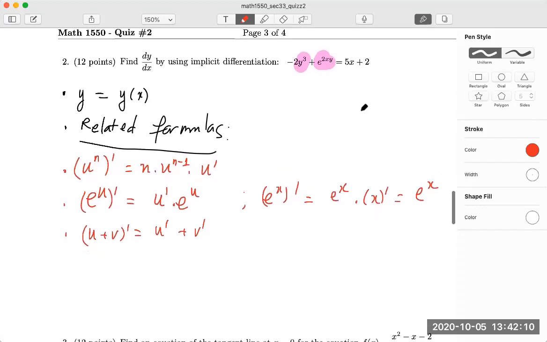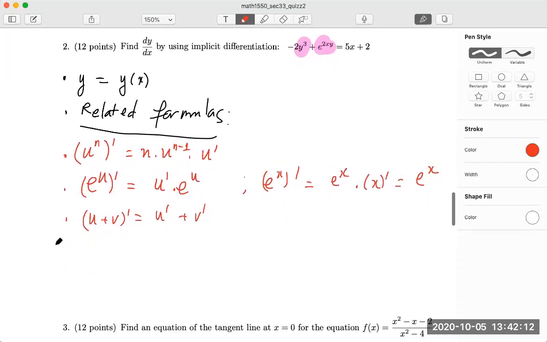From this equation, we have the derivative of the left-hand side, which is the derivative of negative 2y cubed plus e to the 2xy. What will it be?